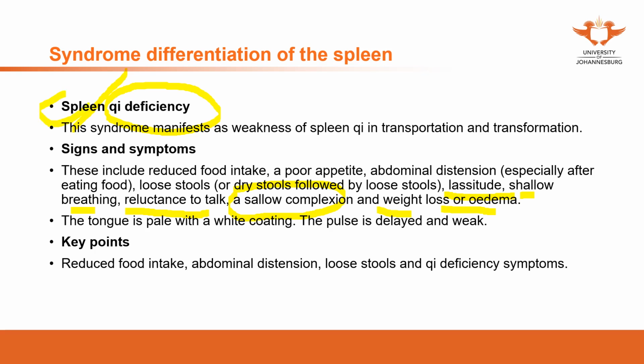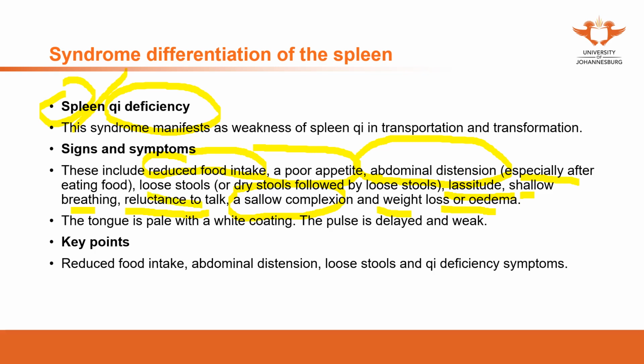For the spleen, because the spleen is related to the transportation and transformation of the food, appetite will be affected: reduced food intake, poor appetite, abdominal distension. That's because the food is not digested, especially after eating.